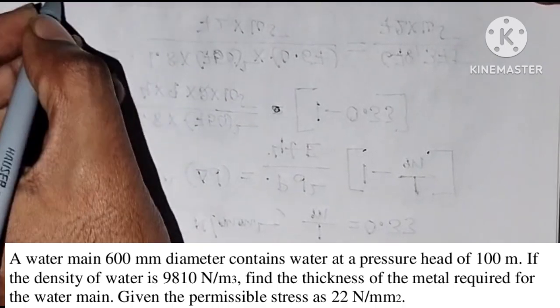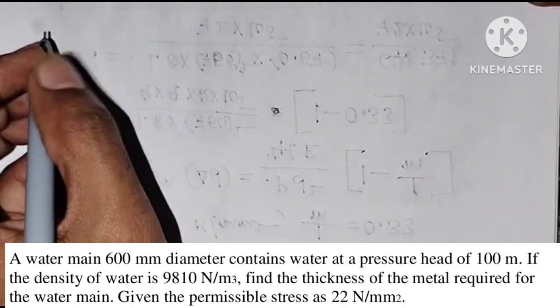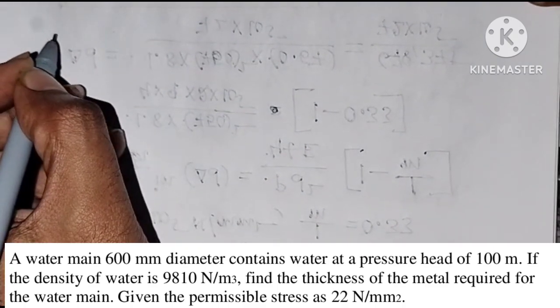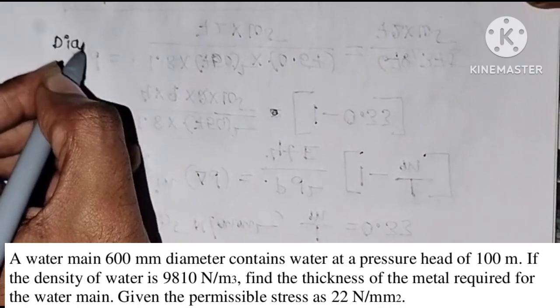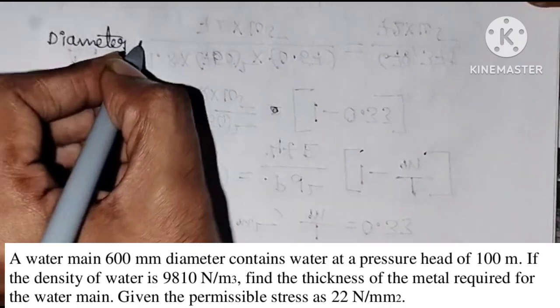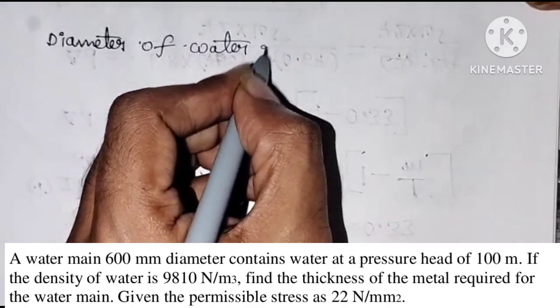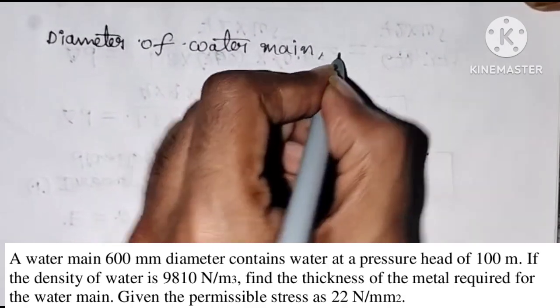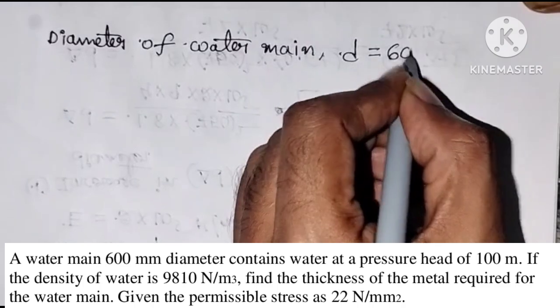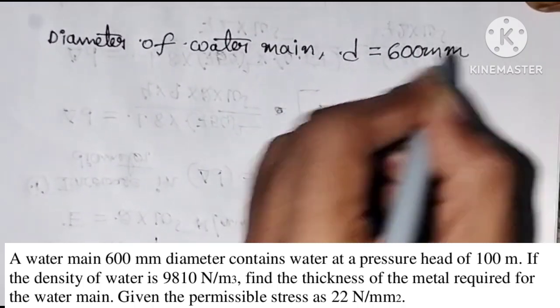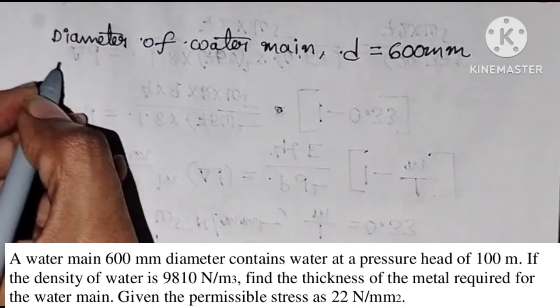So here there is a water main. First we have to write the diameter of the water main. So D is equal to 600 mm. And the pressure head is given.